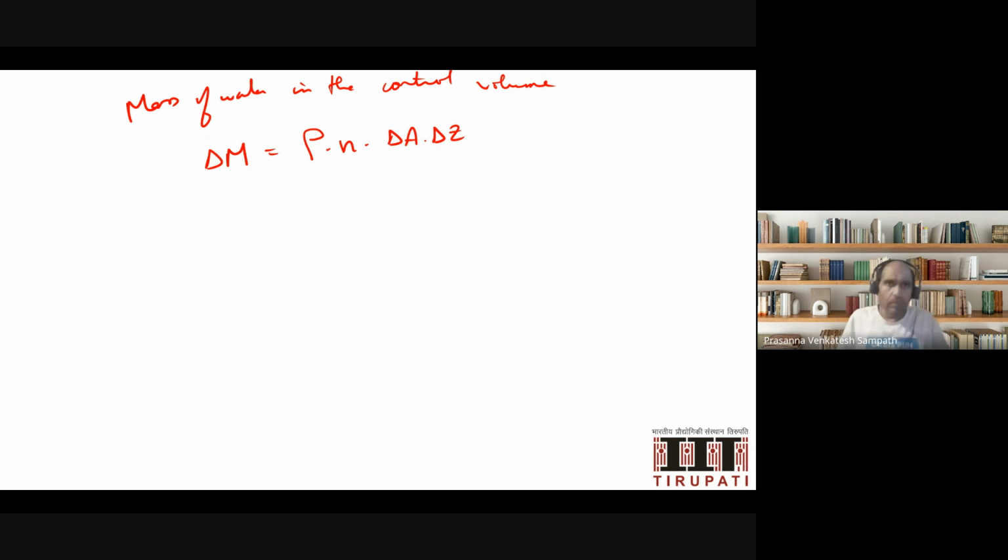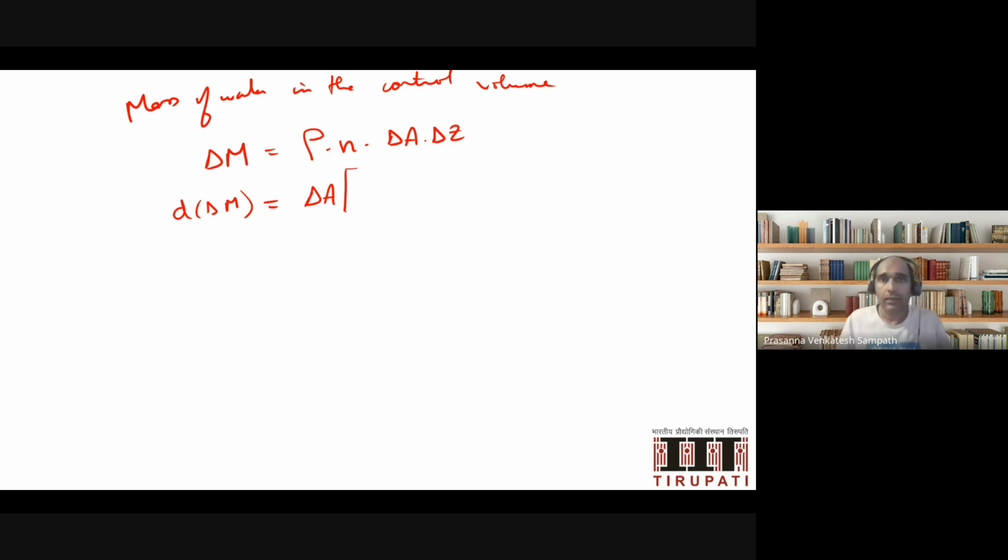Now, what I'm going to do is to differentiate this, and you may already be able to guess where this whole thing is leading towards. So now remember, rho is not a constant, n is not a constant, delta z is not a constant. The only constant in this is delta a, so we'll keep that outside. And then we're going to apply chain rule to the remaining three terms.